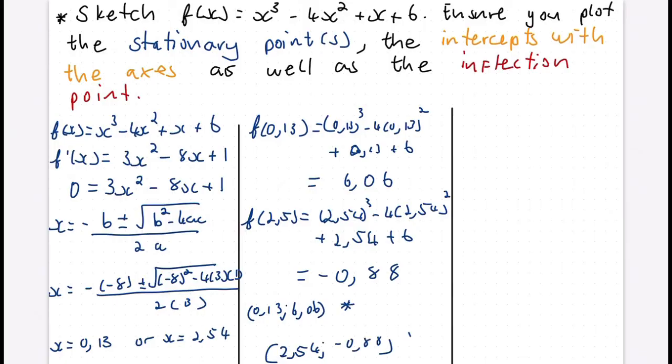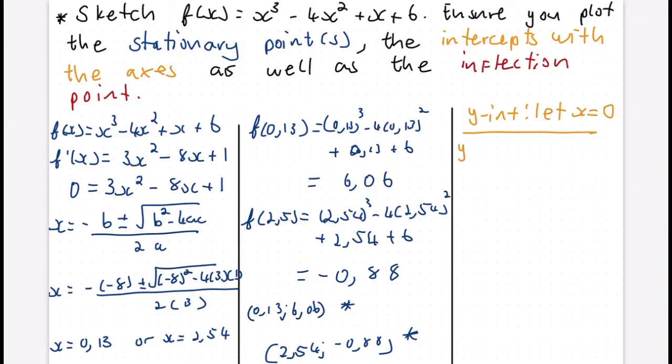These are our two stationary points. I've just done some calculator work there, but it's the exact same thing we were doing previously when we were finding the stationary points. Now let's go ahead and find the intercepts with the axes. Now the easy one is the y-intercept. We know that to find the y-intercept, we simply let x be 0, right?